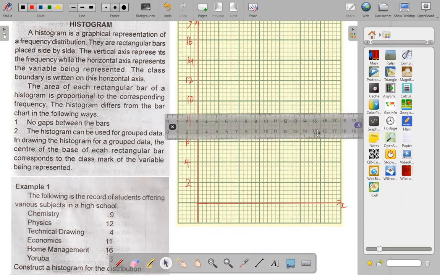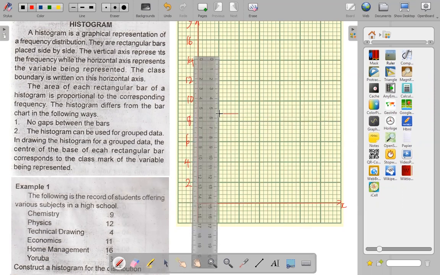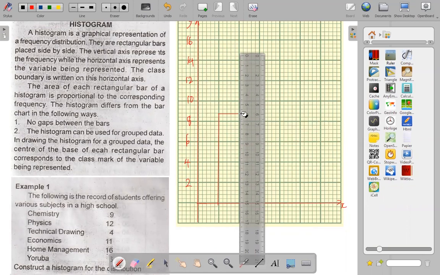So we'll leave one space from the y-axis, that is the first data, chemistry.